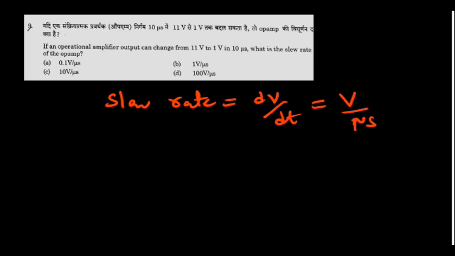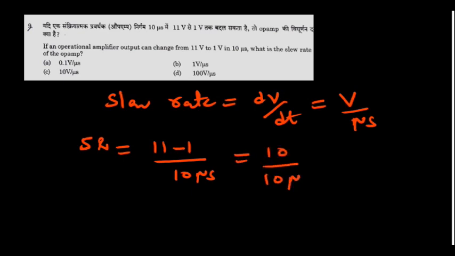Here, what is the change in voltage? 11 to 1 volt, so 11 minus 1, in 10 microseconds. That means it's 10 upon 10 microseconds, which is equal to 1 volt per microsecond. So that is the answer, 1 volt per microsecond.